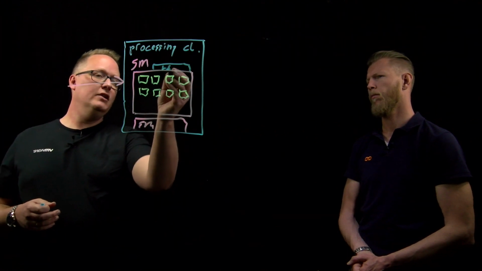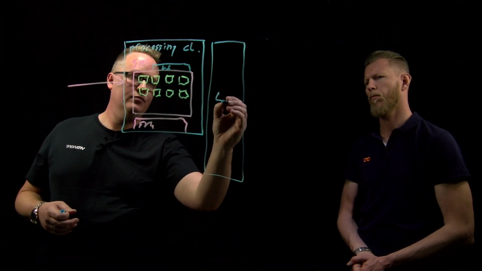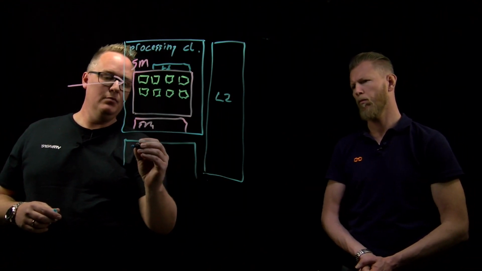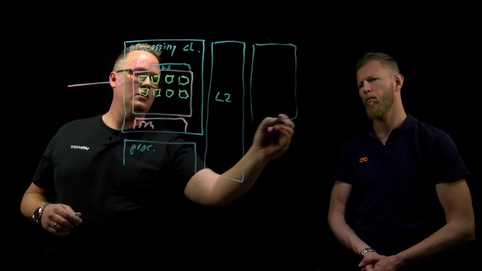So what we see, we have a layer 1 cache and we have a shared layer 2 cache. And again, we have multiple processing cores, right? And on this side as well.